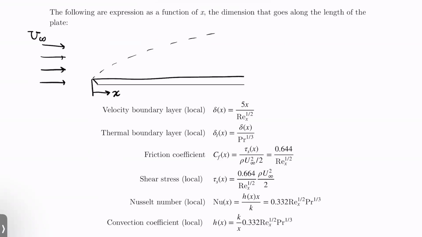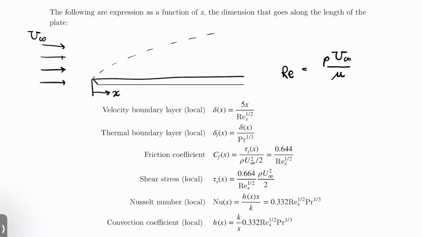You'll notice that all of these expressions are a function of X, meaning they are defined depending on where you are located down the length of the plate. The one that's really important is the Reynolds number. We know that the Reynolds number is defined generally like this.